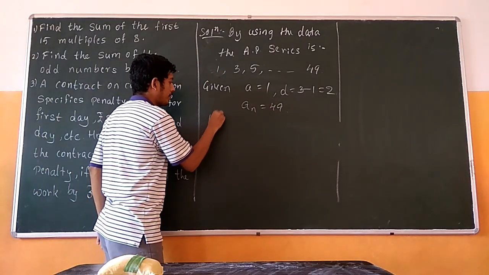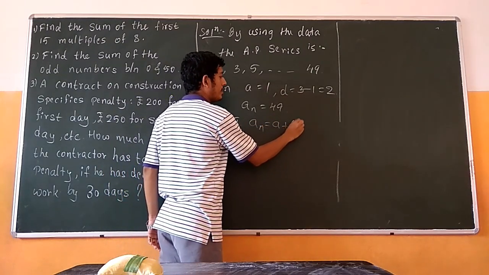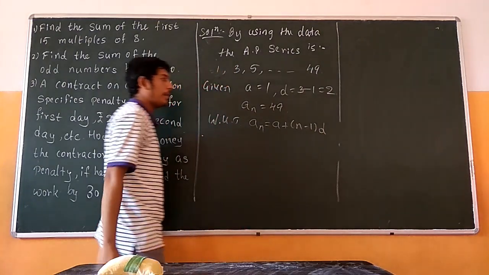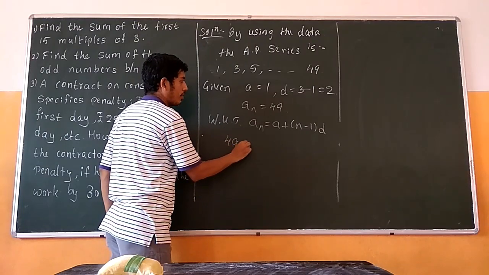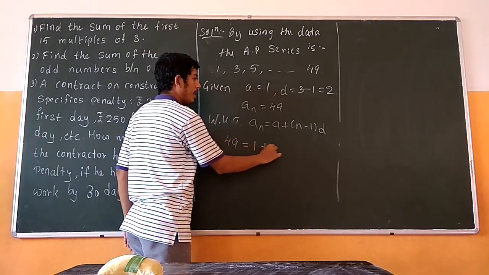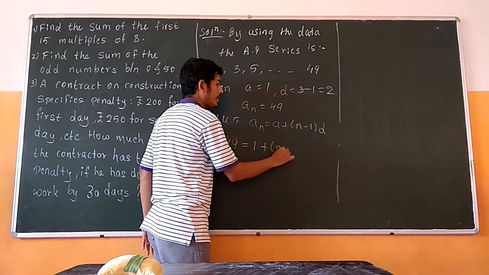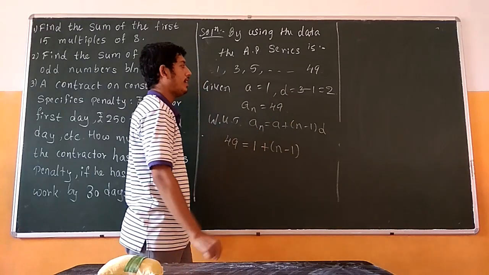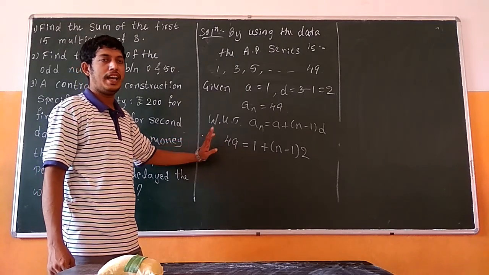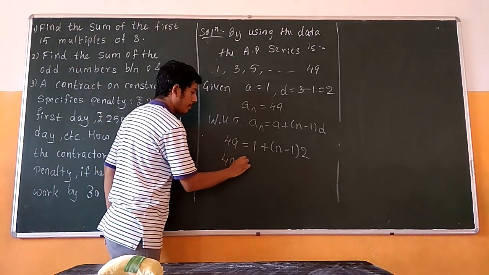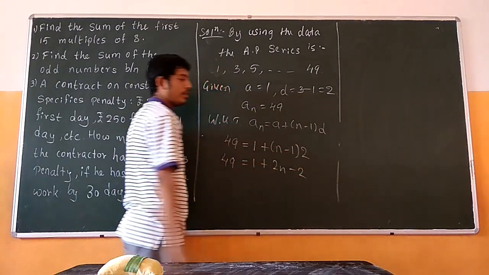Then we know that an equals a plus n minus 1 into d. The value of an is 49, equal to the value of a, which is 1, plus n minus 1. The total number of terms is unknown, so it remains n minus 1, and the value of d is 2. Now we have to calculate the unknown term, that is n. So 49 equals 1 plus 2n minus 2 ones are 2.